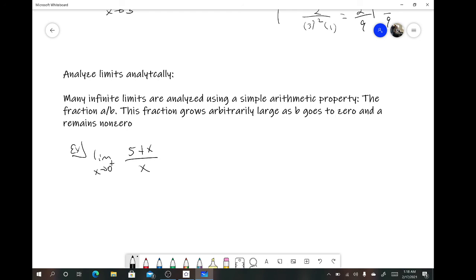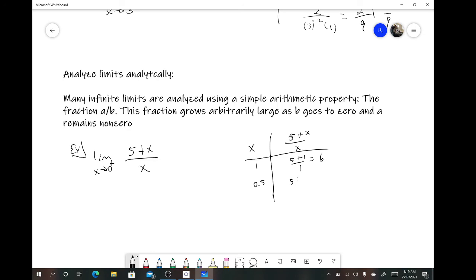If we were to evaluate this limit, we could begin by making a table of values for x, and then figuring out what the output is. We could start with 1, since we're getting closer to 0. If we begin with 1, we have 5 plus 1 over 1, so that's just 6. And then you could cut that in half, so you could do 0.5.